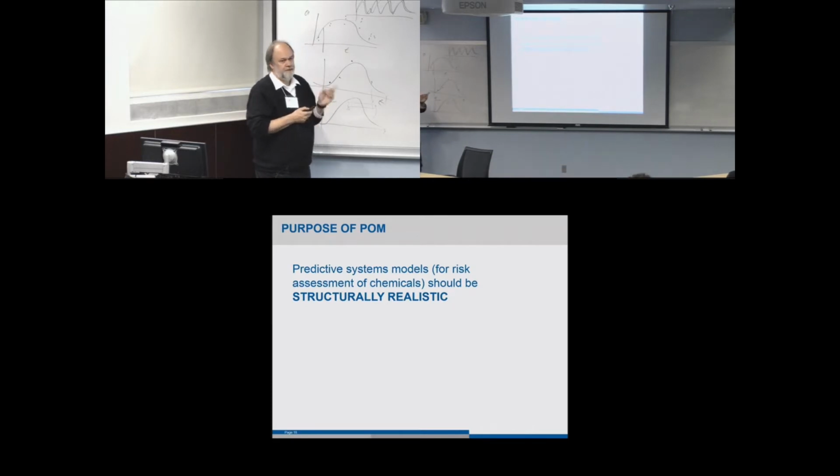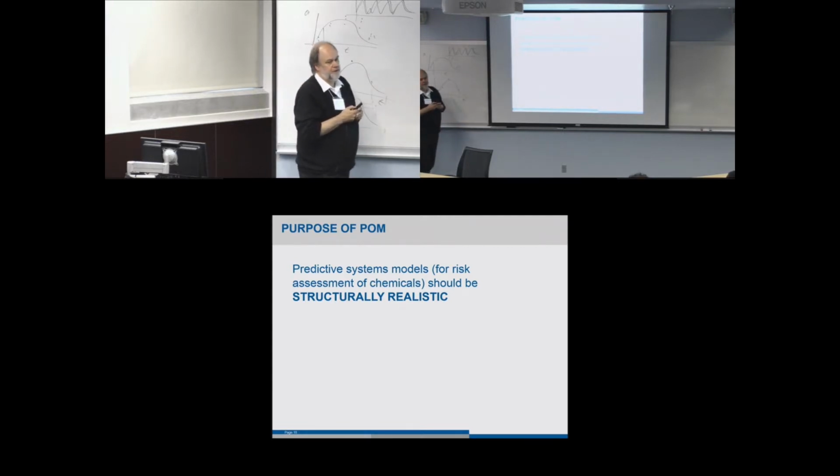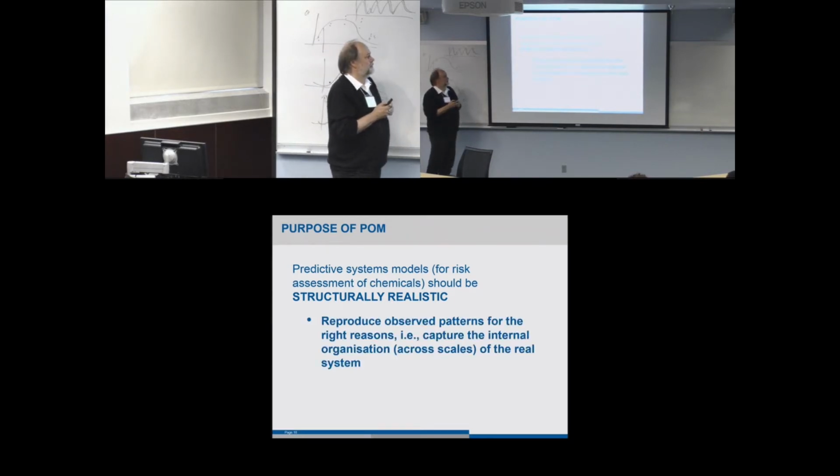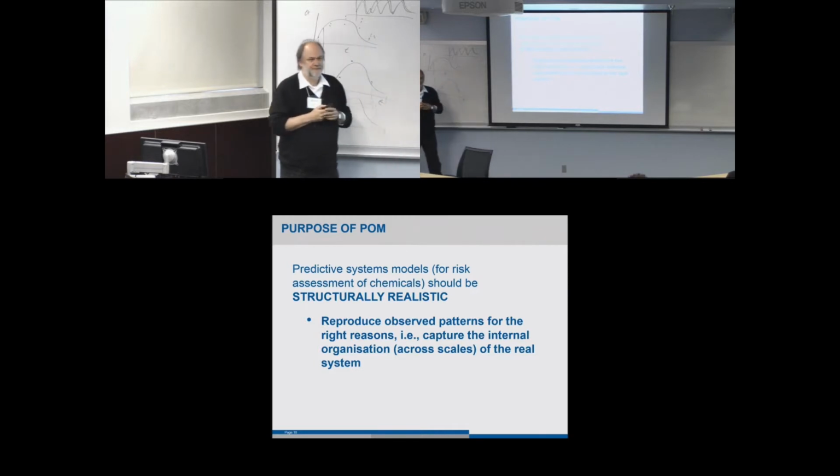So the purpose of pattern-oriented modeling is to develop predictive systems models, in this context for risk assessment of chemicals, that should be structurally realistic. By this I mean they reproduce the observed patterns for the right reasons.